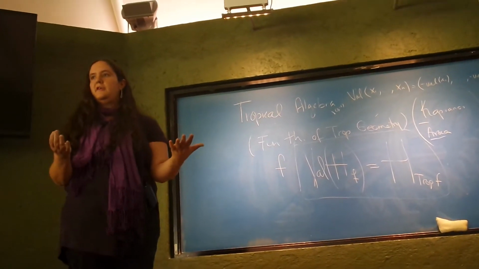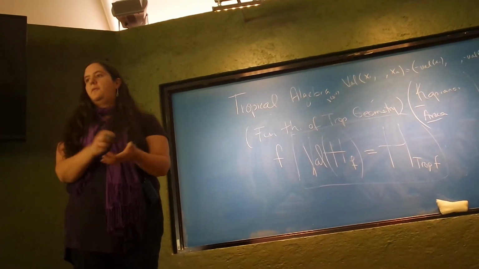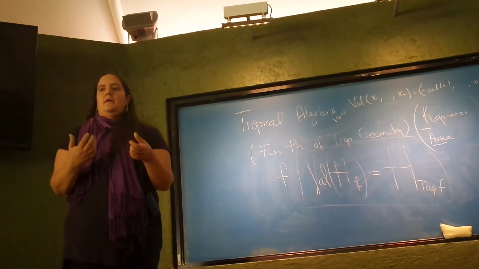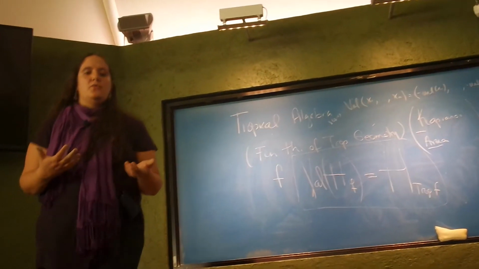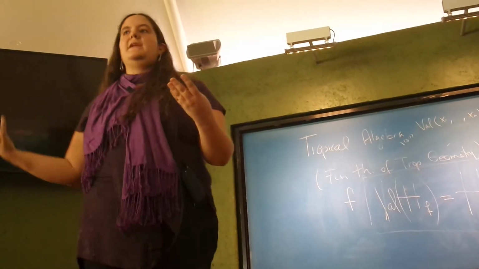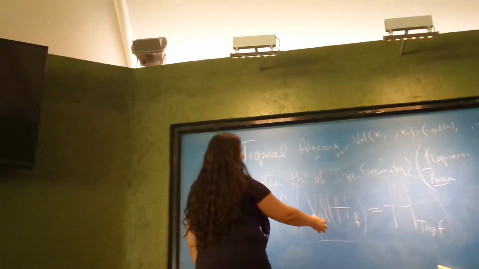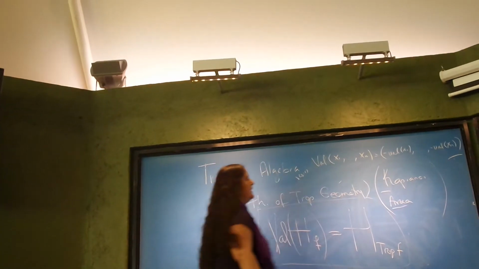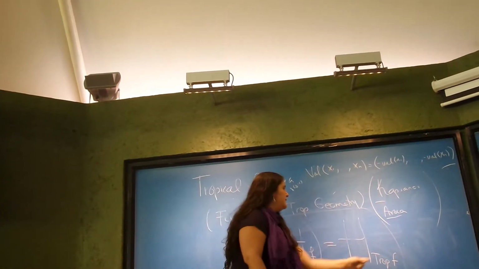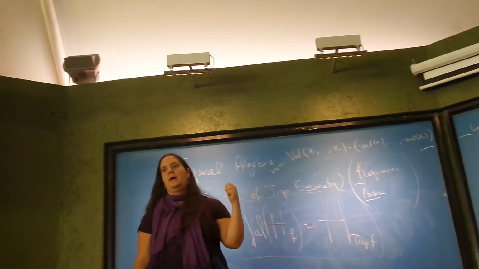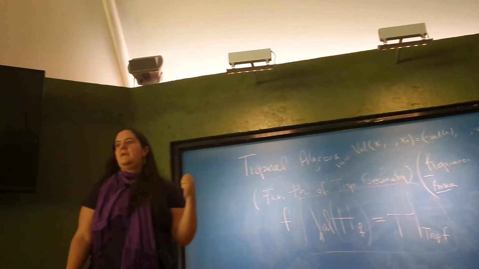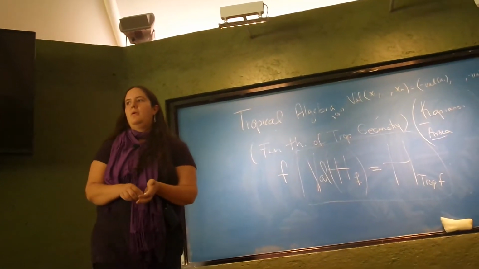Then we have these objects, graphs or polyhedral complexes. If you know how to translate a concept from V(f) to V of tropical f, you can study it here and then try to go back. That is more or less how we work.